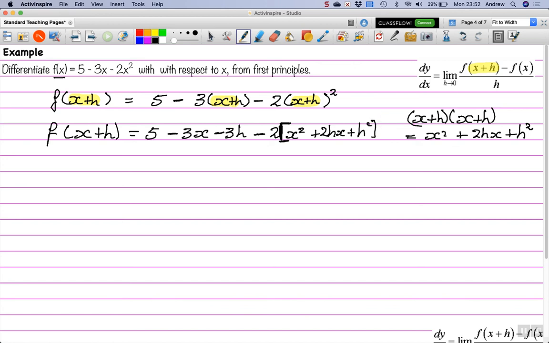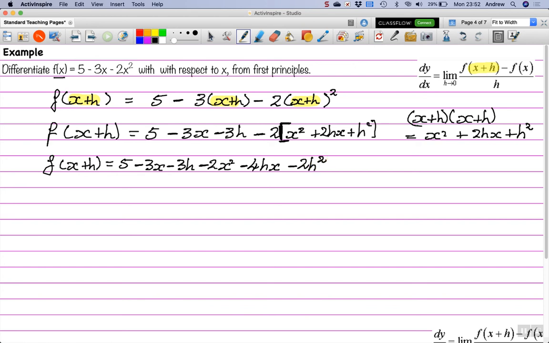So now we're going to tidy it up. f of x plus h is now going to be equal to 5 minus 3x minus 3h minus 2x squared minus 4hx minus 2h squared.